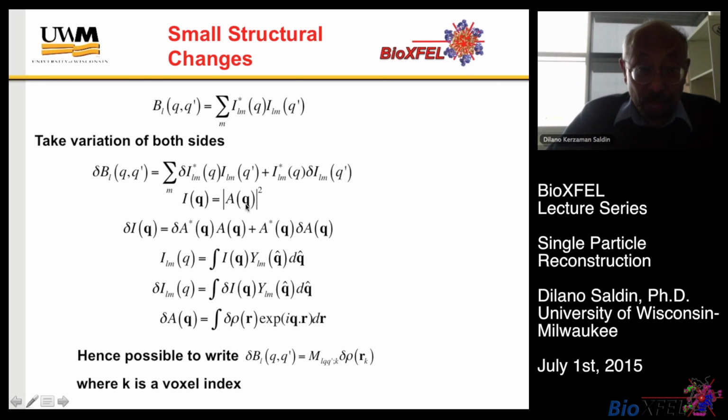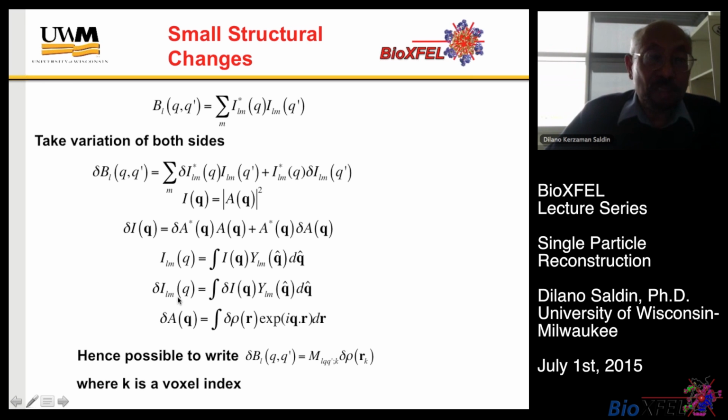And then because the intensity is the modulus square of the amplitude, one can get this equation. You differentiate once again on both sides, you get this equation, and then the spherical harmonic expansion coefficients of the intensity distribution are given by this, and the spherical harmonic expansion coefficients of this are given by this integral.